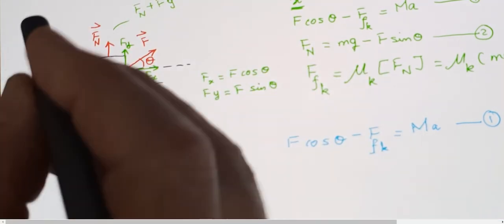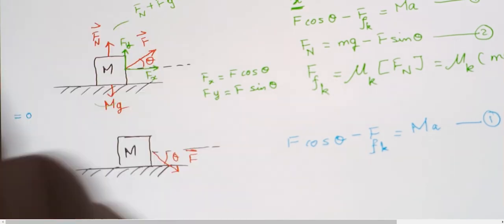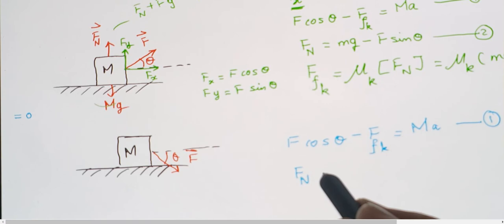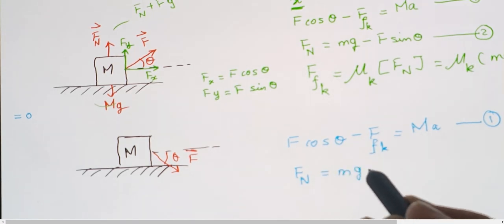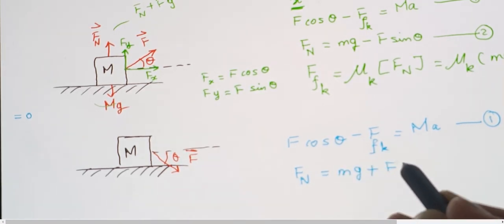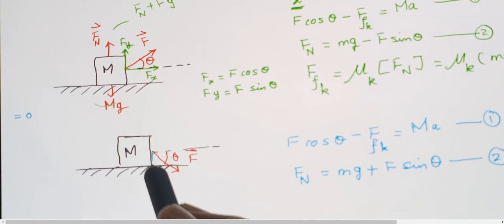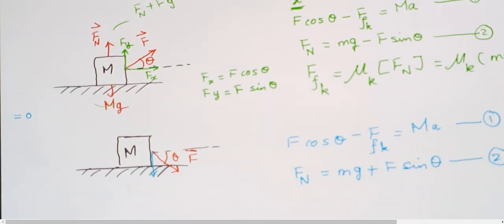Now, what will change? Well, the normal force now will change. Normal force is mg plus F sine theta. Why? Because now you have a component pointing down. So the normal force is equal to mg plus F sine theta.